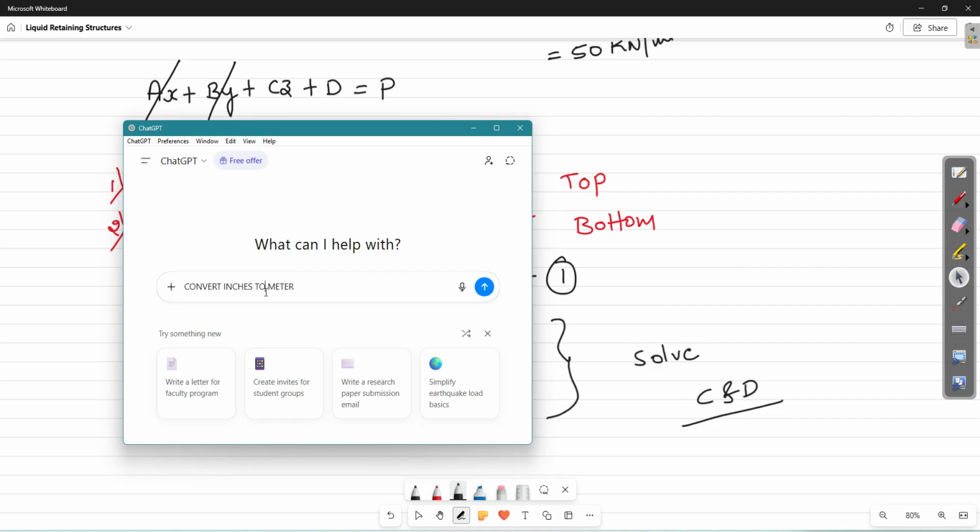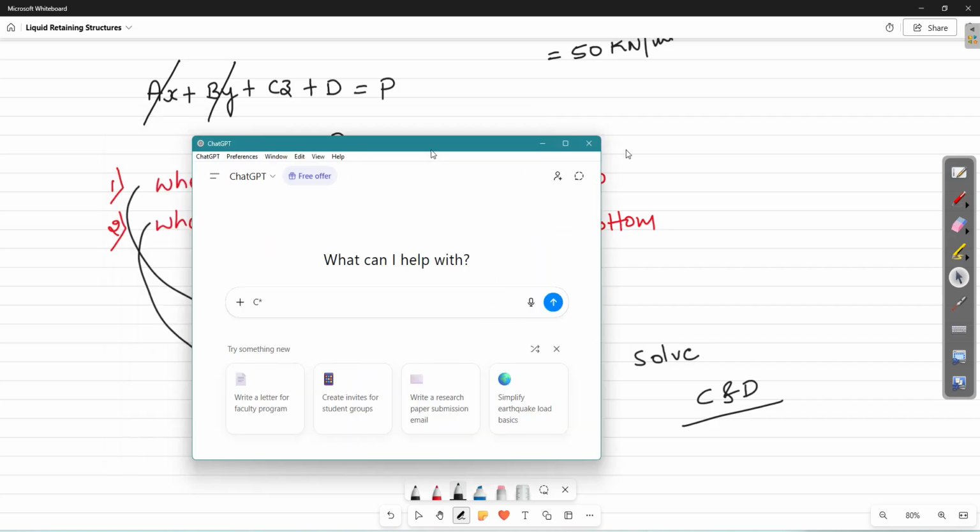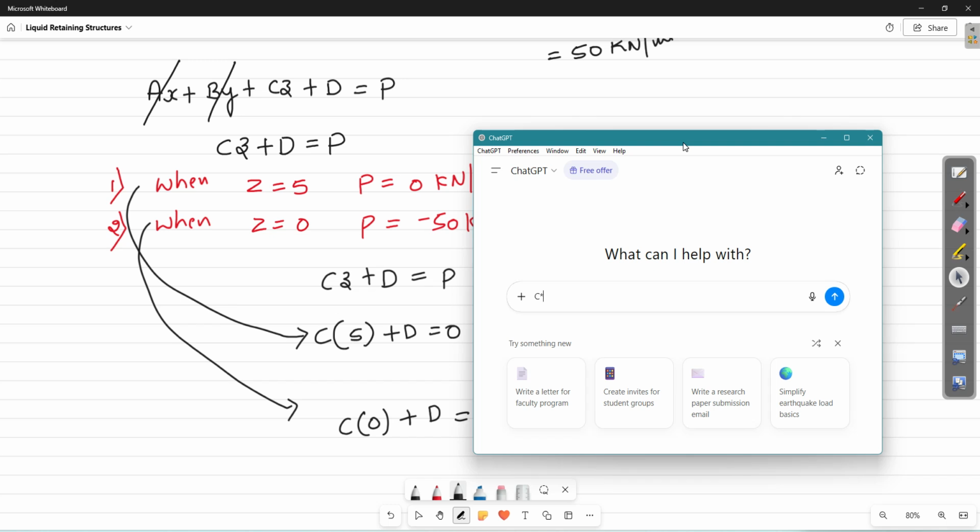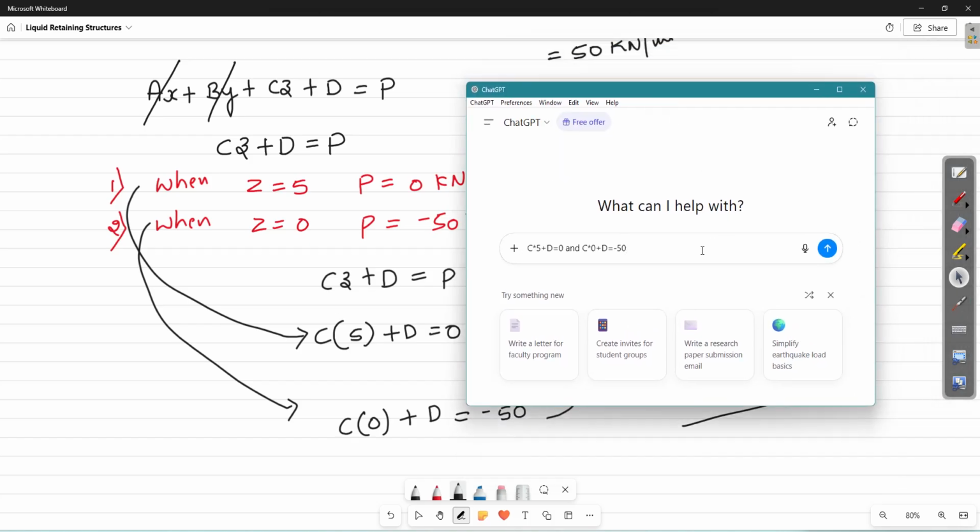So your first equation is C into 5 plus D equals 0, and C into 0 plus D equals minus 50. Okay, correct.